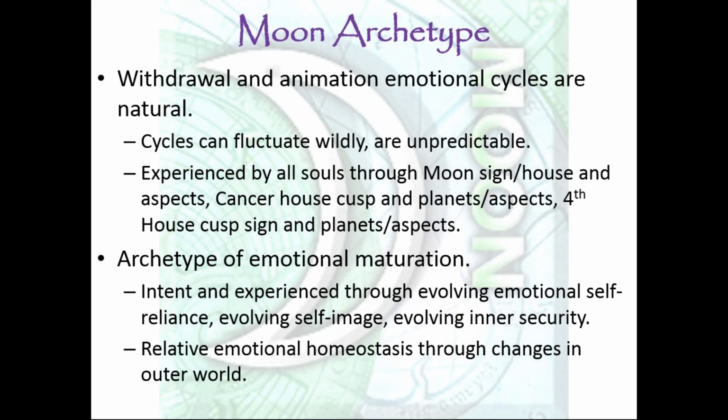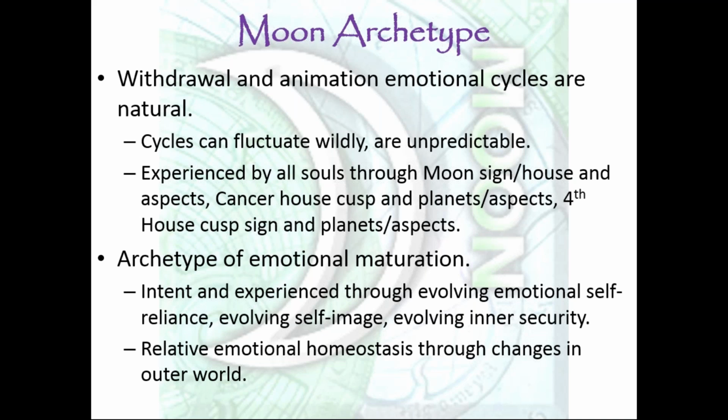Now, everything that we're talking about in regards to these moon archetypes can be expressed when the moon is square the nodal axis. This is also the archetype of emotional maturation. So much depends on early environmental conditioning factors and whether or not the world is safe and we can trust the world.